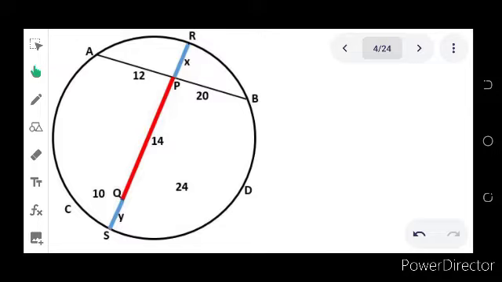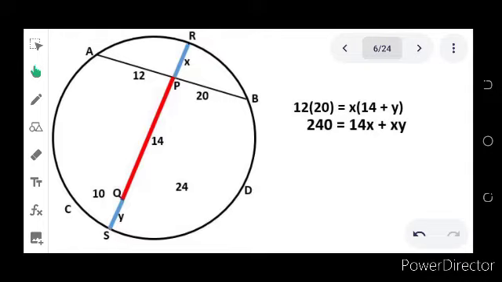So, using that theorem, we have 12 times 20 is equal to X times 14 plus Y, which is the length of this segment here. We simplify that, and it becomes 240 equals 14x plus xy.